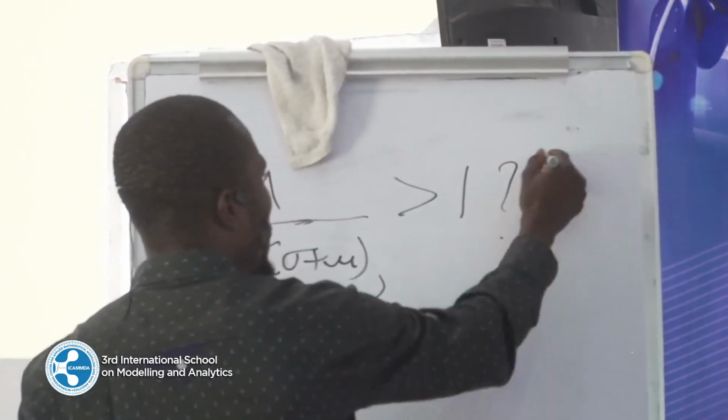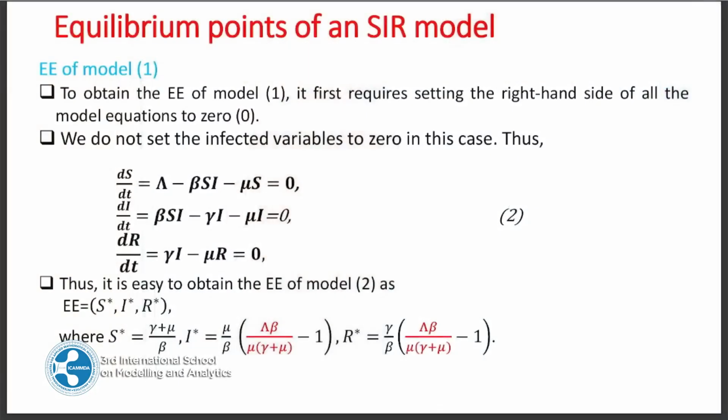And every compartmental model has a similar threshold. So if you have a compartmental model, for instance SEIR, by the time we extend this to SEIR, it will also have a similar threshold.